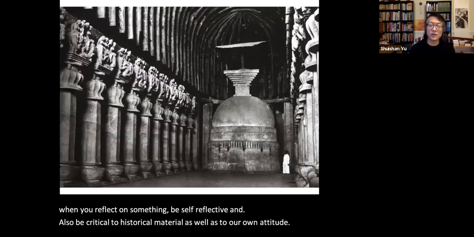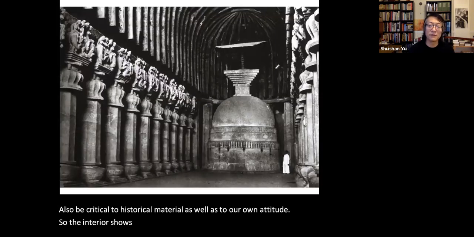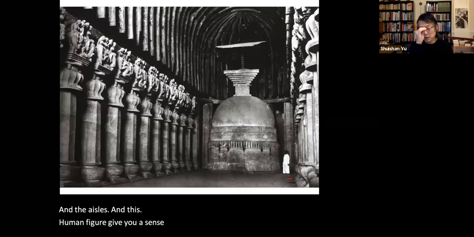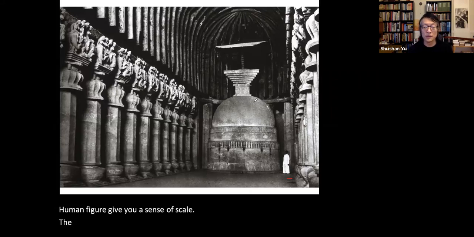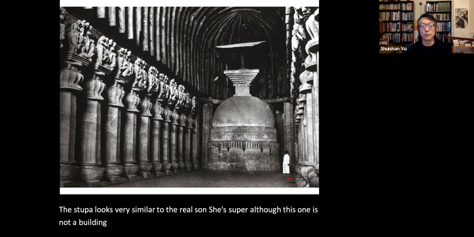So the interior shows the high ceiling of the nave and the aisles, and this human figure gives you a sense of scale. The stupa looks very similar to the Sanchi stupa, although this one is not a building, it's a carving. It's carved out from the live rock.